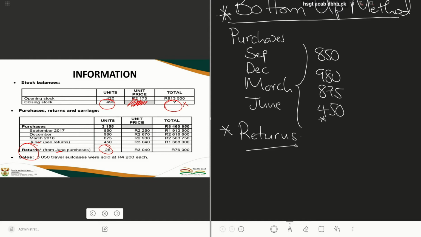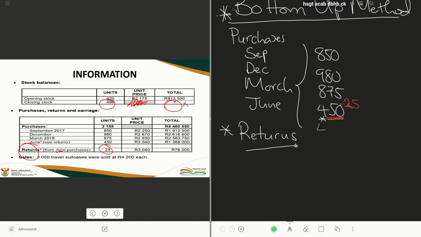If I've returned 25, I'm going to come to my stock purchased in June and say minus 25. If I've subtracted 25, that simply means I don't have 450 anymore. How many am I now left with? I'm now left with 425.